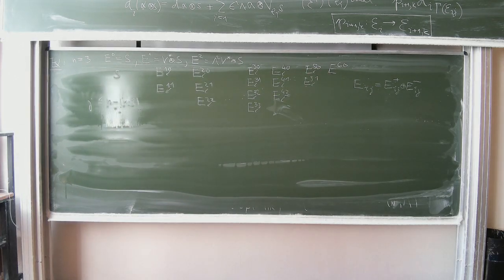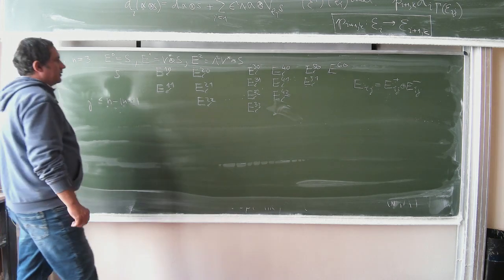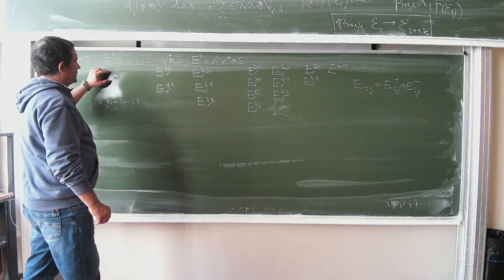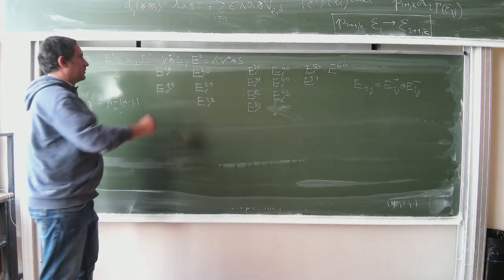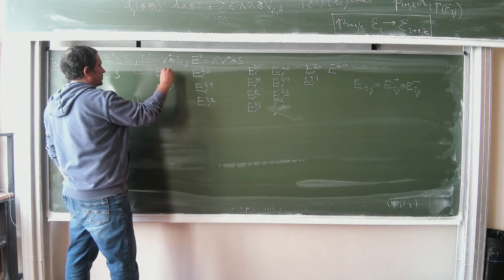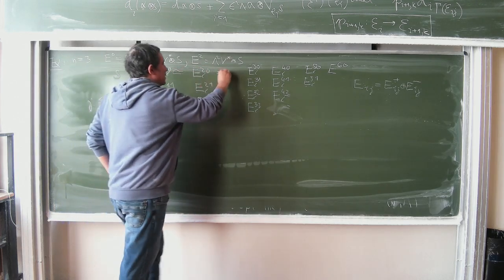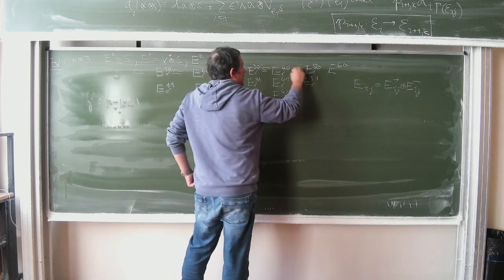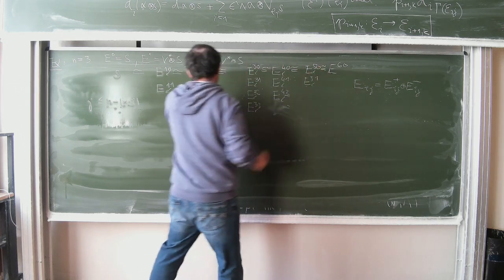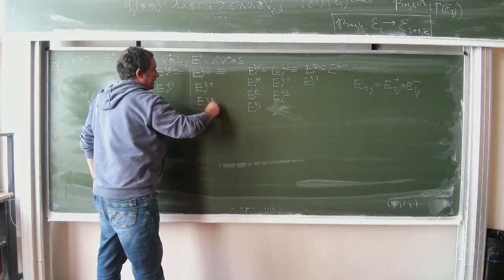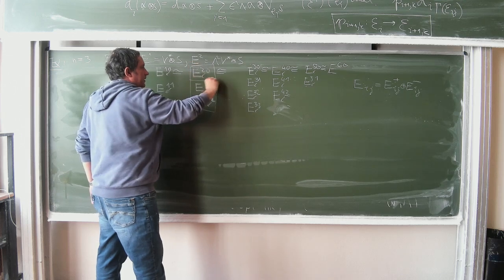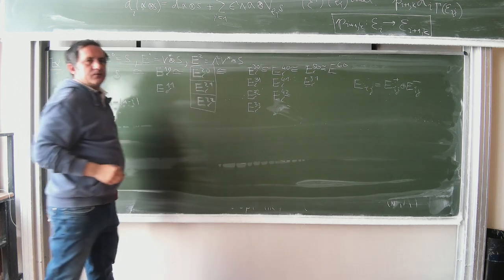And what is known? Taking each row, all of them are isomorphic. So this is isomorphic. And in each column, the elements are non-equivalent.